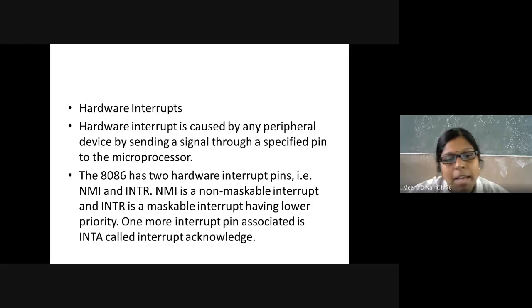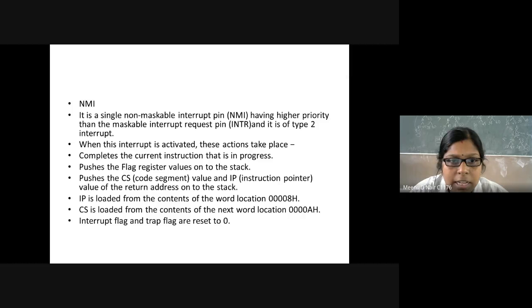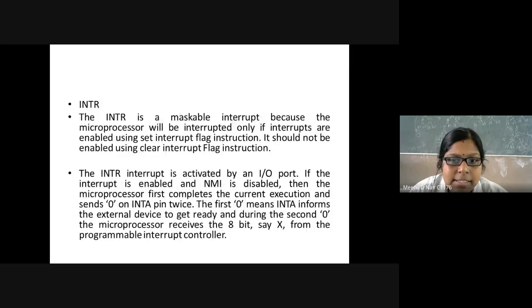INTR is a maskable interrupt, so if you want, you can serve it, otherwise it waits. Highest priority is given to the NMI only.